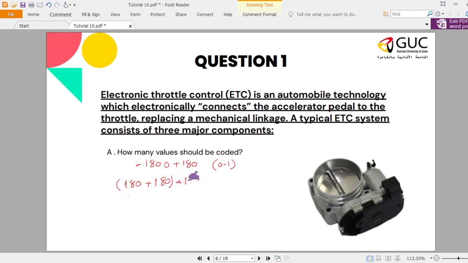And then we were going to multiply them by 10, which is the step size I mentioned before. Why 10?